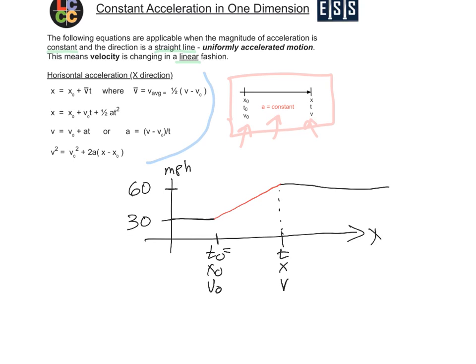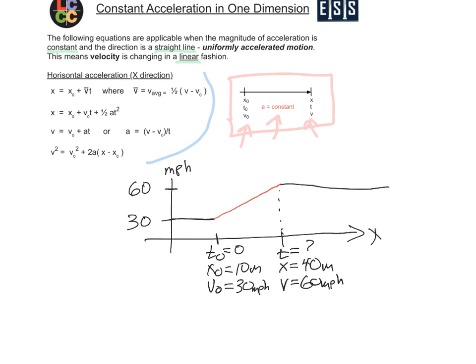Now normally you will set t0 to 0. In this case, let's say we know our initial position, say it's at 10 miles. We know our velocity initially was 30 miles per hour. We know our final velocity is 60 miles per hour. Let's say that in this time period we got up to 40 miles away.